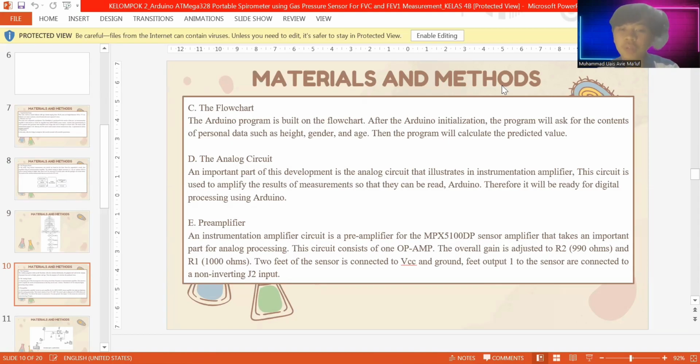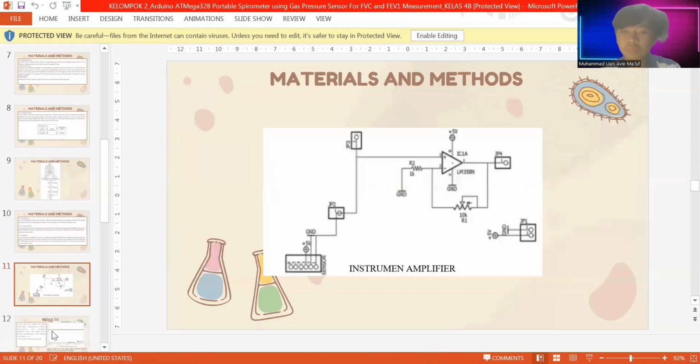Two pins of the sensor are connected to VCC and ground. Output 1 of the sensor is connected to a non-inverting input. This is the instrument amplifier.